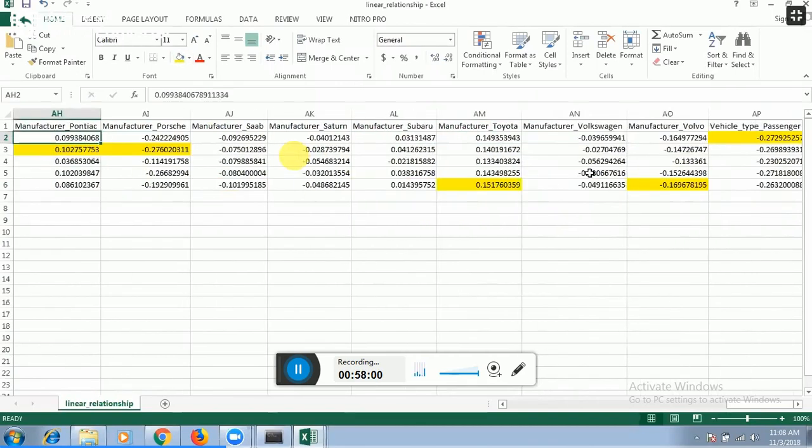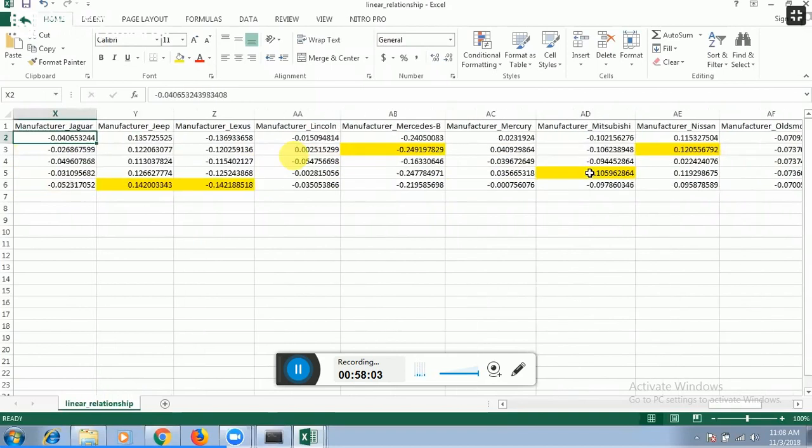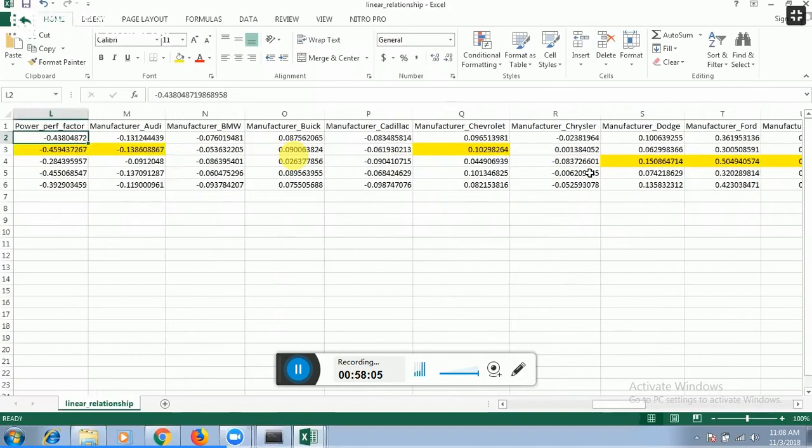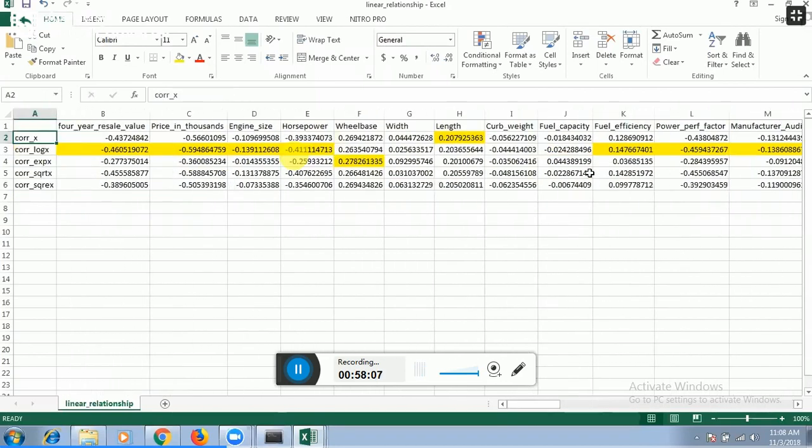So now you understand how to choose the variables and how to drop the variables by looking at the linear relationships. So Chandra, one question, Prerna this side. You are choosing within the dummy variables also. Do we need to go to that extent? I mean, so many manufacturers, right?